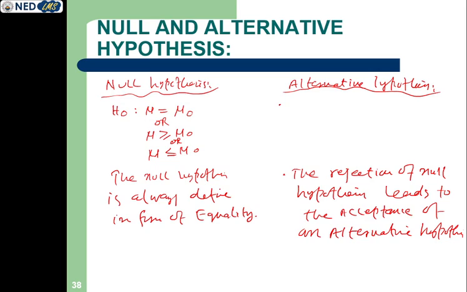So this is what we call alternative hypothesis. Whenever we reject the null hypothesis, this leads to acceptance of the alternative hypothesis.